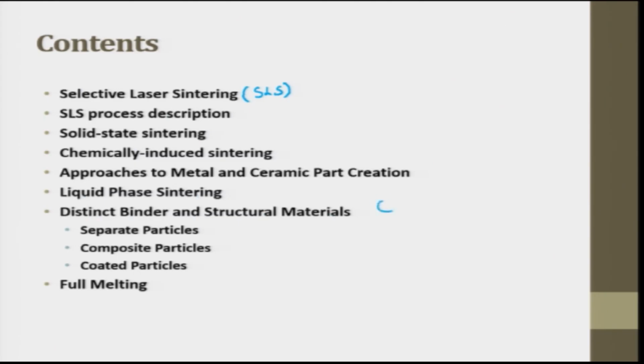Because when we try to have particles like metals and ceramics, their melting point is very high. So, in order for these to join, I can't melt, I can't take it to such a high temperature. What I do is, I try to add a binder in between. So, this binder alone I will melt, and this melt is used for joining these powders.